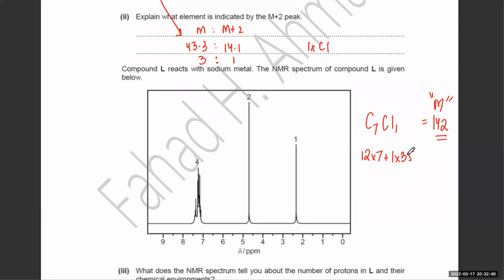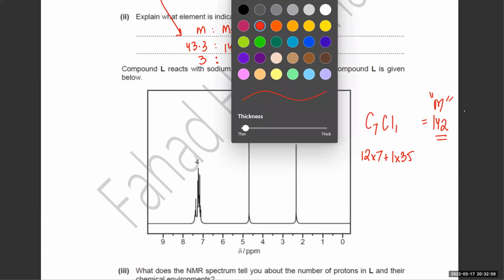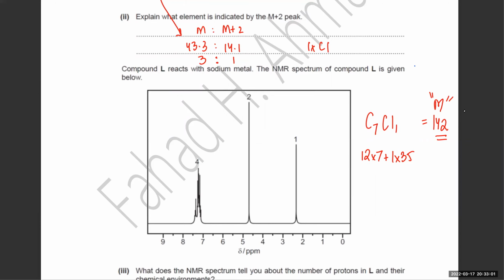So can you total that and subtract it from 142? What do you get? 23. Okay, you're getting 23, right? So there's a 23 missing, right?